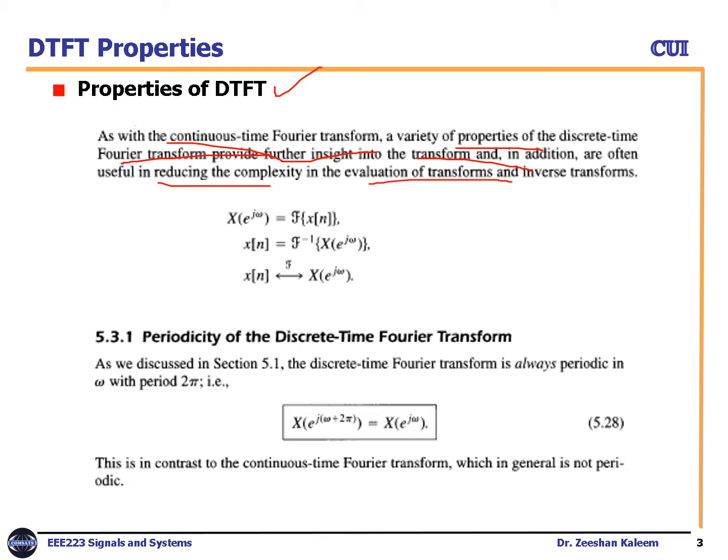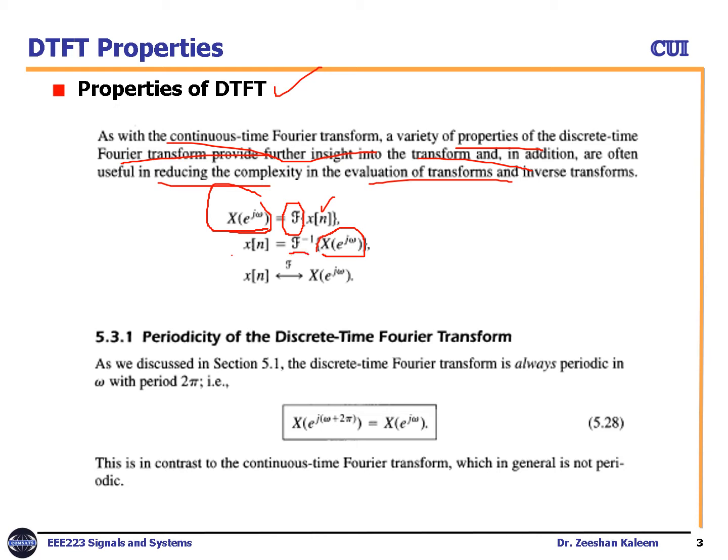For example, you have a signal x of n, and whenever you take the Fourier transform, you get X(e^jω). So X(e^jω) is used to represent the discrete time Fourier transform. And if you are given the Fourier transform signal, for example X(e^jω), and you have to find the inverse of that signal, that is called inverse Fourier transform, then you should take F inverse.